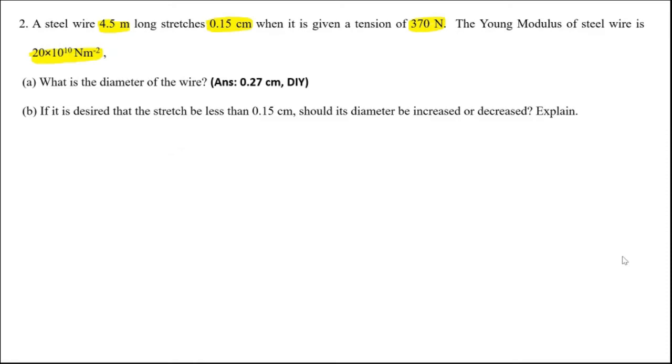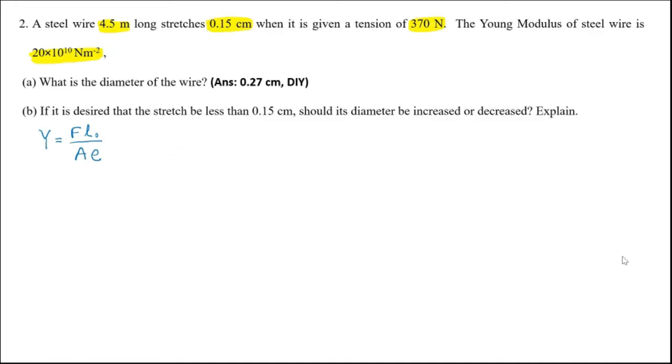Simply you use the equation for Young modulus, where Young modulus is equal to F L naught per A E. But the purpose of doing this is actually to determine the cross-sectional area, because from the cross-sectional area we can find the diameter.